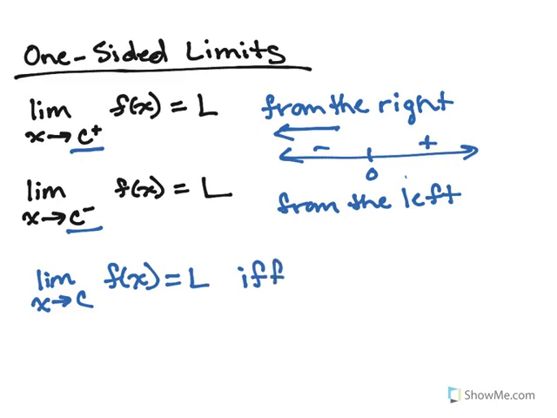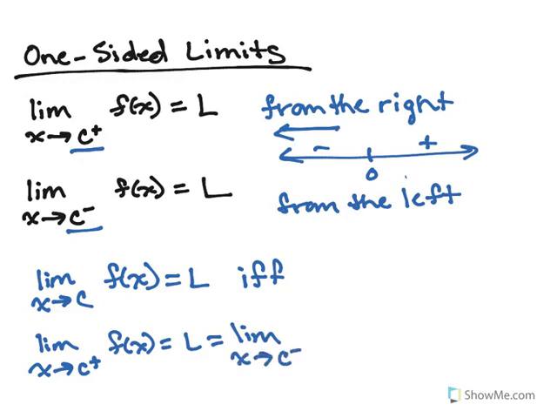So the limit as x approaches c, in general, is equal to L if and only if. That's what that IFF means. The limit as x approaches c from the right equals L and equals the limit as x approaches c from the left.